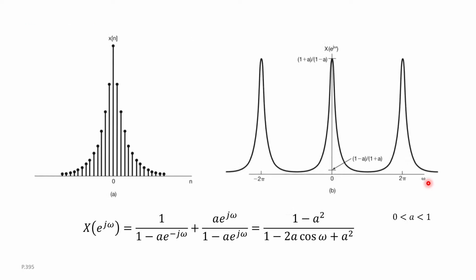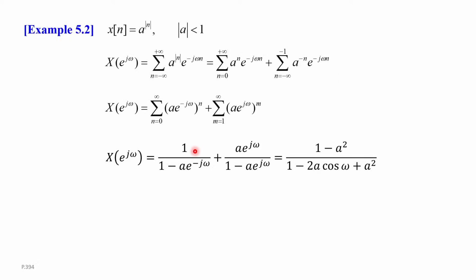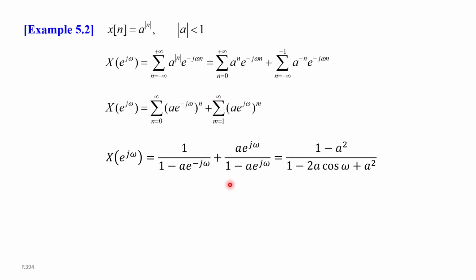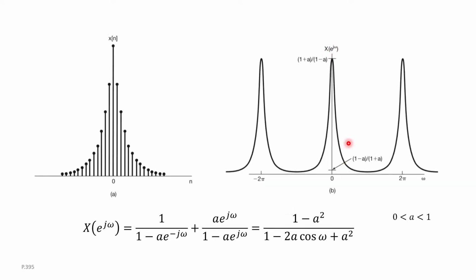And now we have the plot. So you see this double-sided exponential decay, and now we have this real and even spectrum. Because it's real, we don't need to do two plots. We just have one plot here. And it's actually centered around 0.